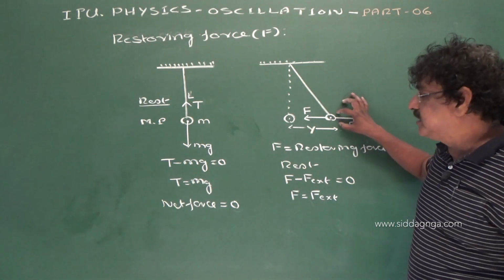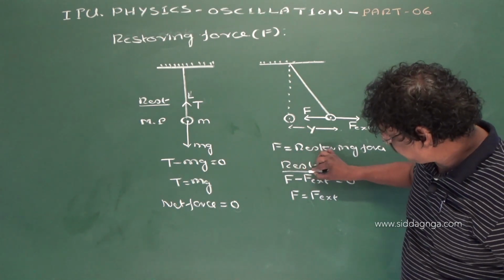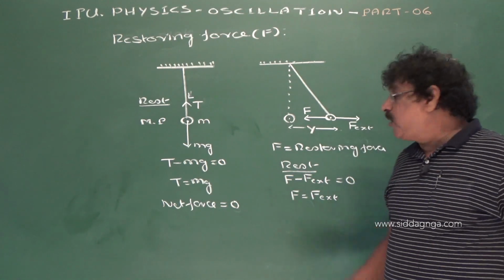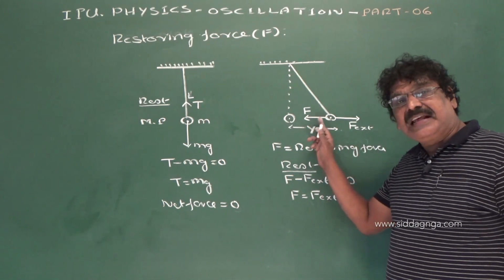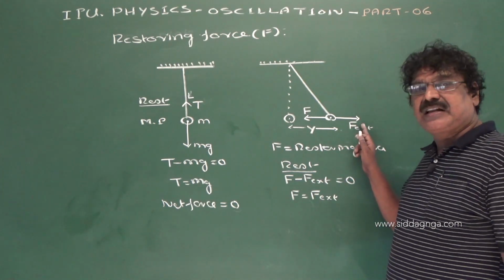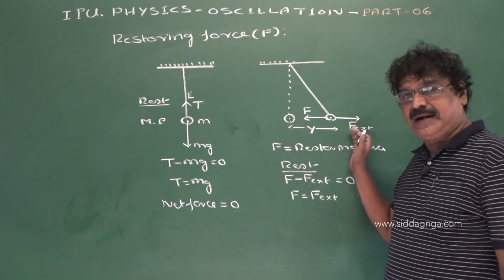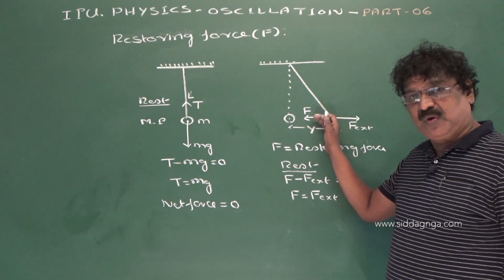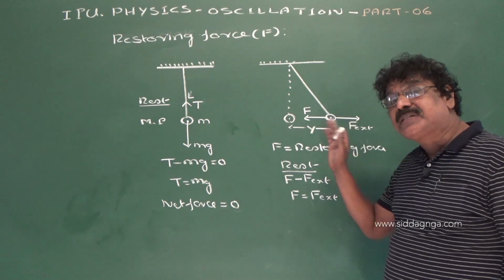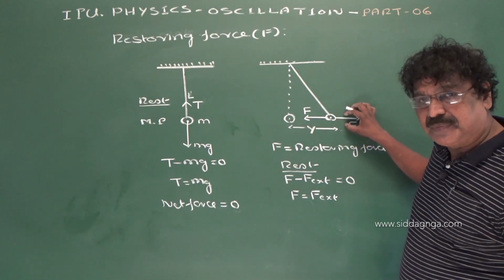As long as the bob is at rest, this is very important, there are two forces. F external is one force. This is another force F, the restoring force that comes into play because of the change in position.